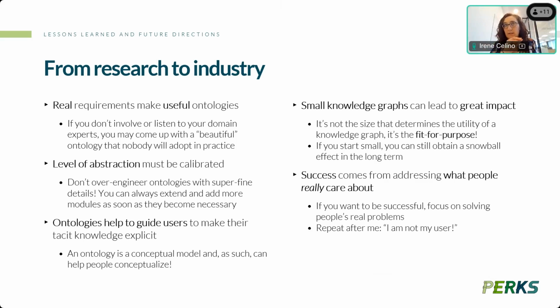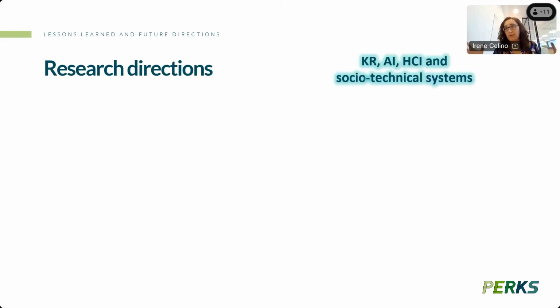I always say that ontology engineering is the art of distilling what is really important for people, and also what is not important for people. Because if you focus on what is important, you are doing 80% of the work. And if you focus on that, everything gets much, much smoother. So this was a very pragmatic lesson learned.